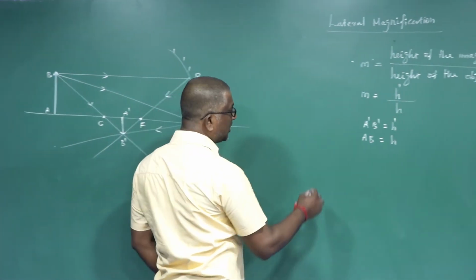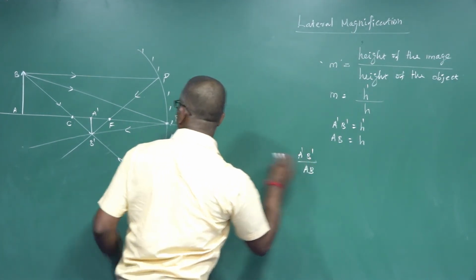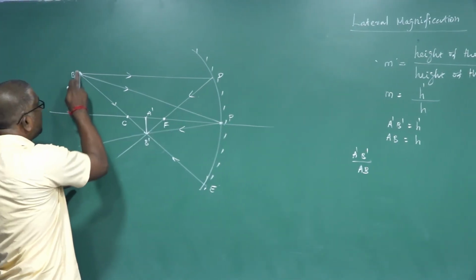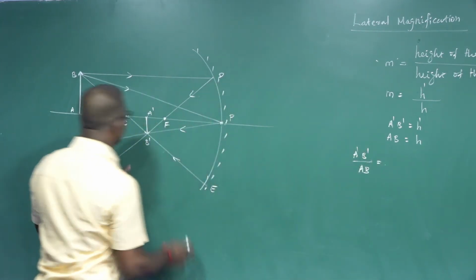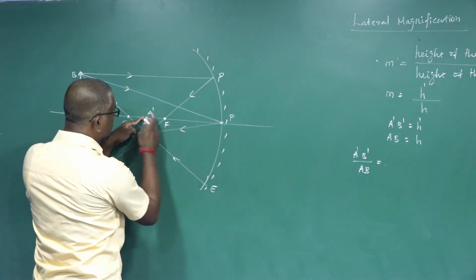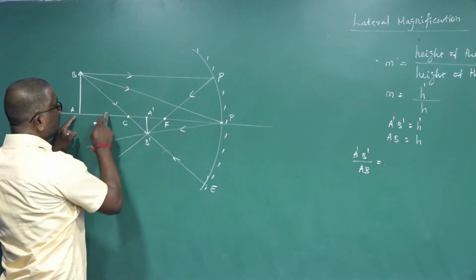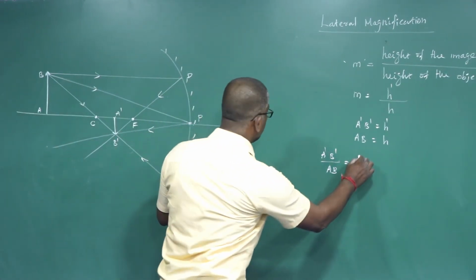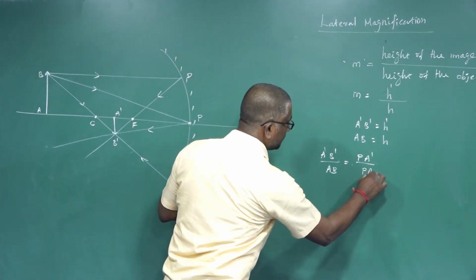Therefore, from the rule of similar triangles, A'B' divided by AB, A'B' in this right angle triangle is equal to the side AB in the triangle BPA. So A'B' divided by AB is equal to another side PA' in the right angle triangle B'PA' and PA in the right angle triangle BPA. These two sides are also proportional, that is PA' divided by PA.